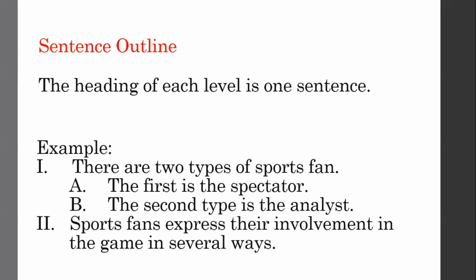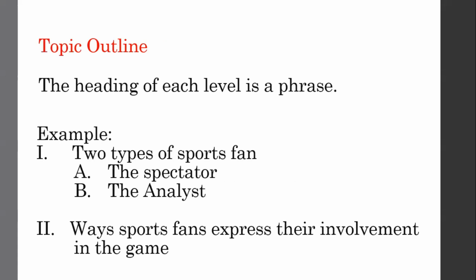So the heading of each level is one sentence, which means that when you write this kind of outline, all the topics that you're going to include in this type of outline should be expressed in a sentence form, just like this example.